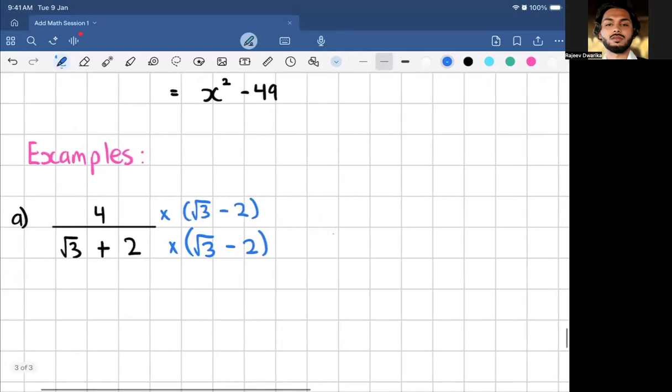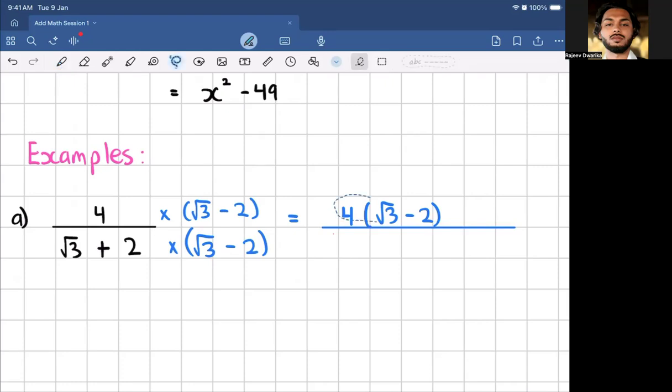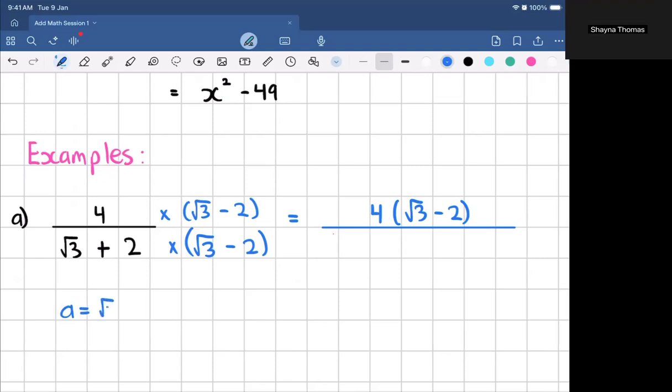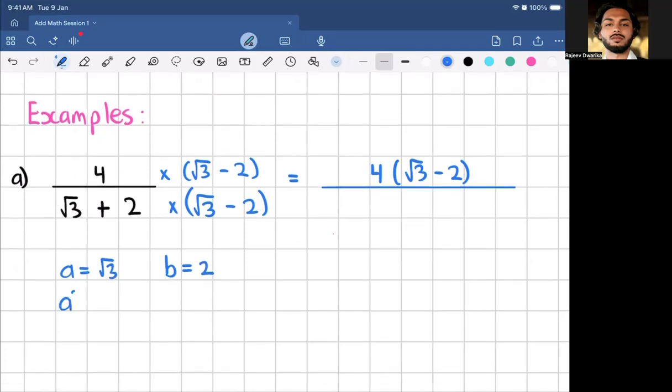So let's work out the top first. The top is going to be 4 by root 3 minus 2, close bracket. And Shana, could you tell me what A and B is in the denominator? Root 3 is A, right? And B is 2. So we know it's a difference of two squares, so we're going to end up with A squared minus B squared.